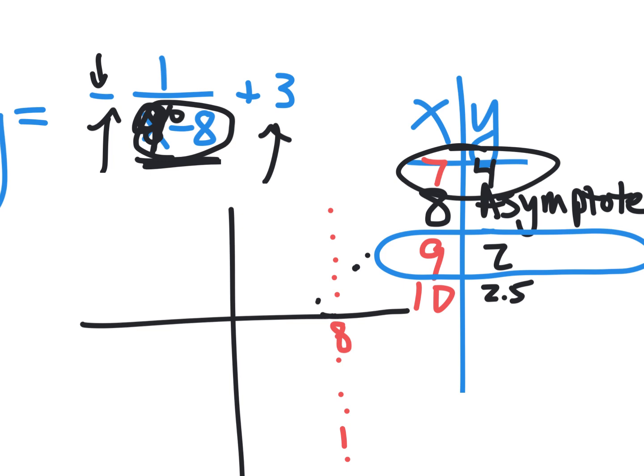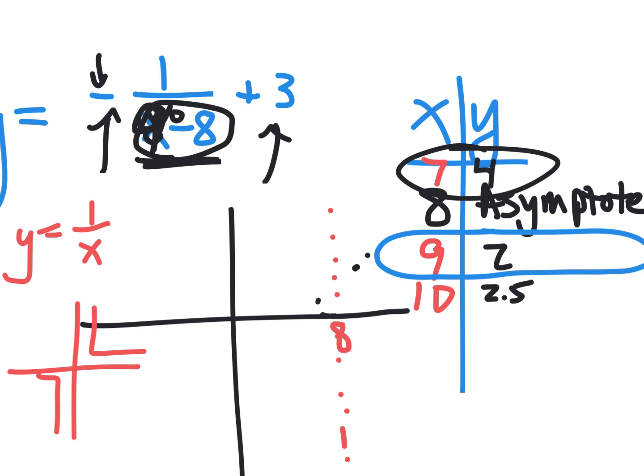All right. My guess, since I know this is at its heart, it's a 1 over x function, but it's been flipped. Here's what a 1 over x function normally looks like. This has been flipped. It should look like that, but it's been moved way to the right and up 3.